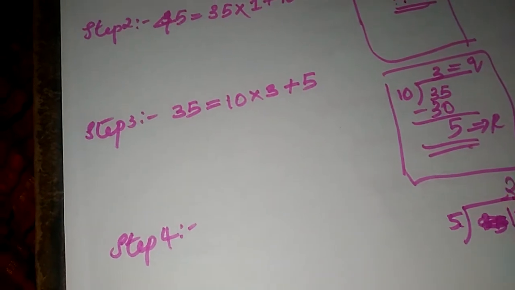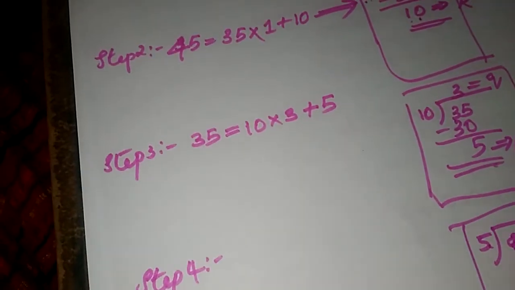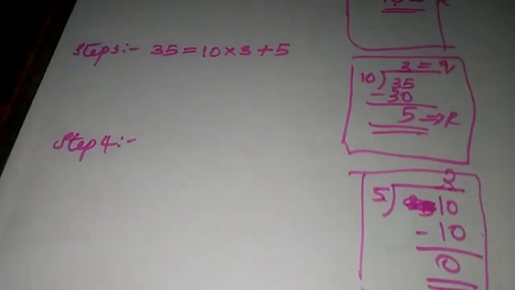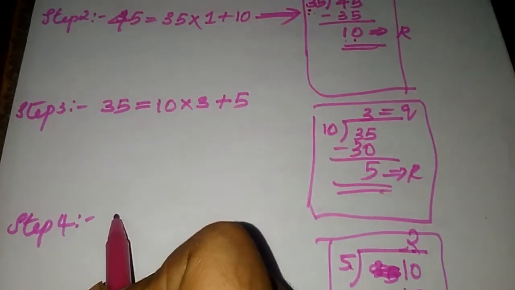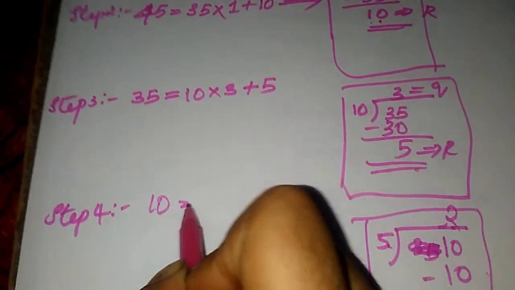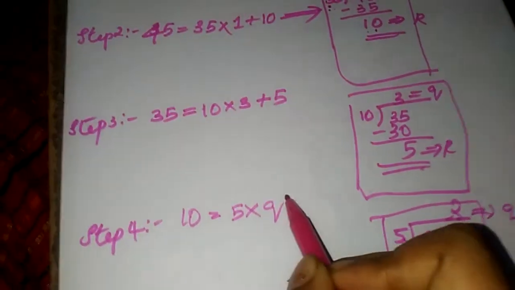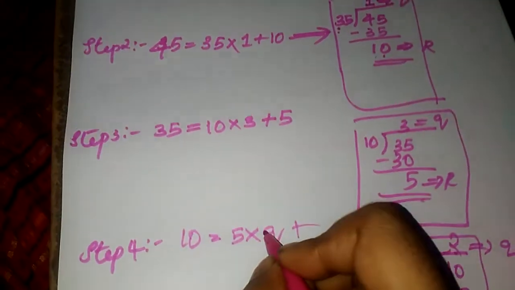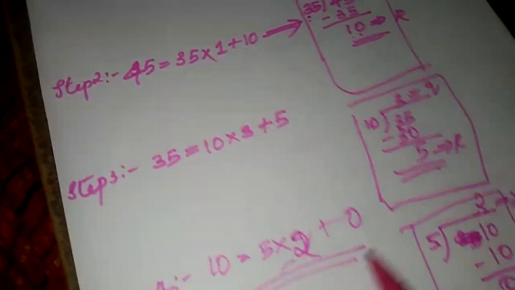What will be the answer? 2, and the remainder becomes 0. The problem is over. That means we have to divide up to 0. Step 4: 10 = 5 into 2 plus 0. Up to this you have to do.